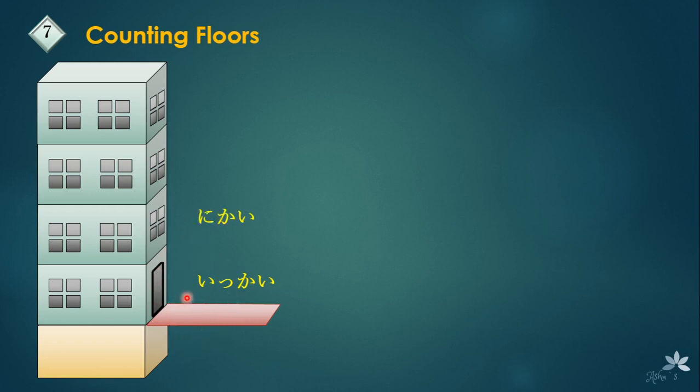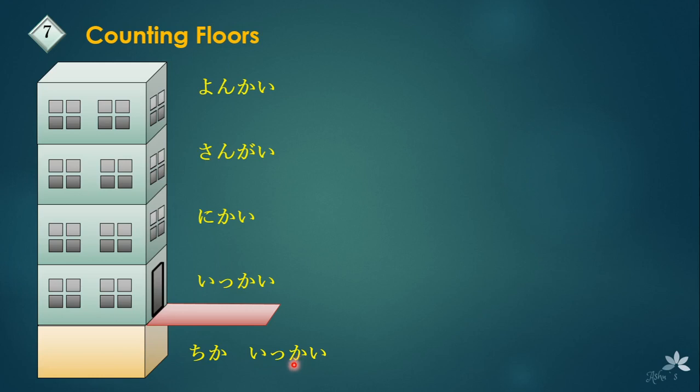So the second floor is nikai, and it goes on like this. The floor below this is called chika. The basement is chika. And even in the basement, you will have floors. So the first floor here is chika ikkai. You go to basement 2, it will be chika nikai, chika sangai.